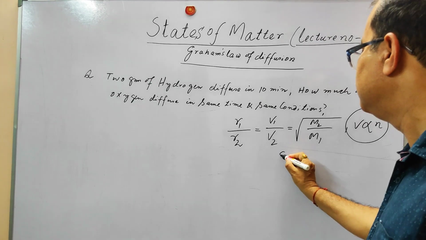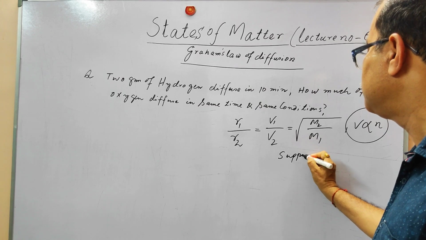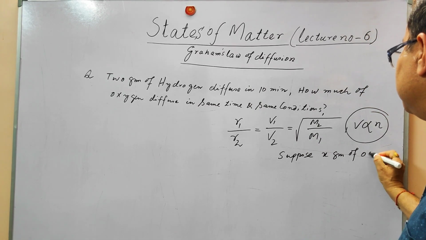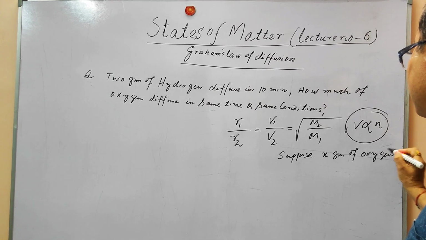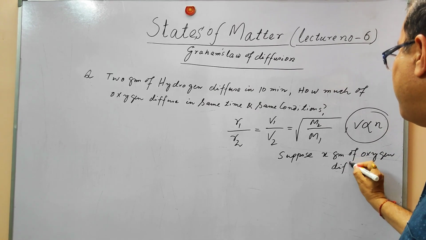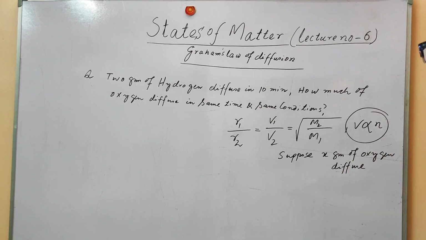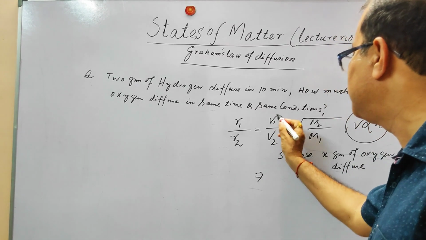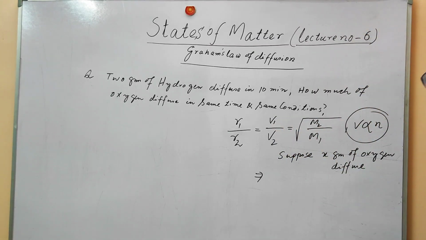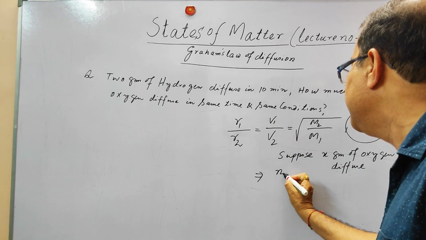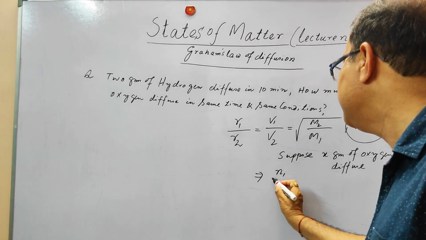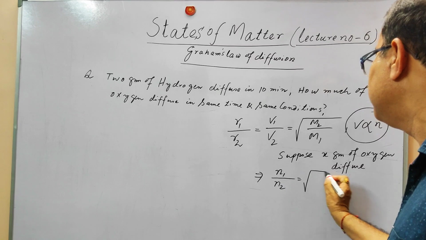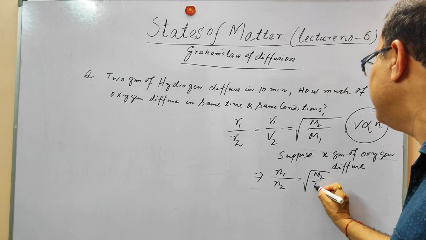So suppose X gram of oxygen diffuses. Because V is directly proportional to the moles, we can write N1 for the hydrogen and N2 for the oxygen. So it will be given by root of M2 by M1.